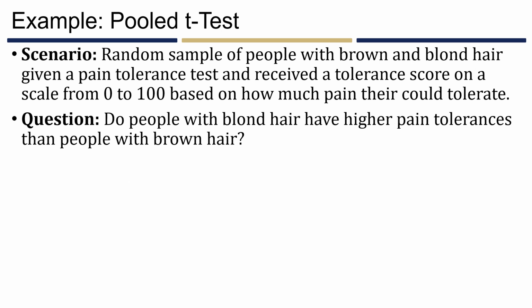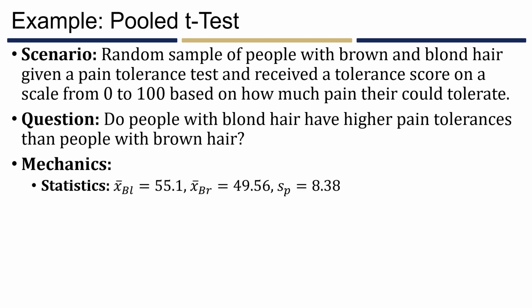Now, if instead we wanted to calculate a confidence interval for the difference between the mean pain tolerance scores, we already know that the sample mean pain tolerance score for the people with blonde hair is 55.1, the sample mean for the people with brown hair is 49.56, and the pooled standard deviation is 8.38.